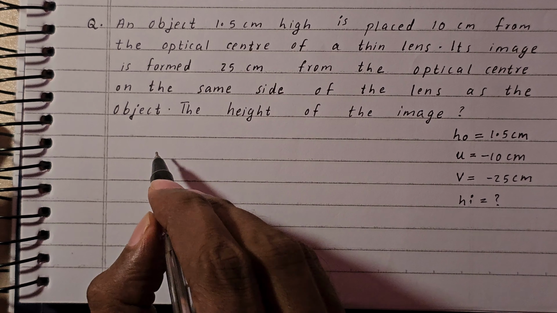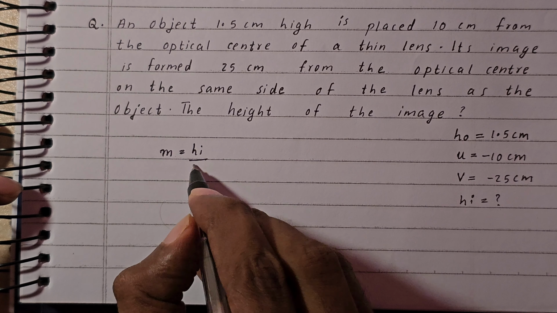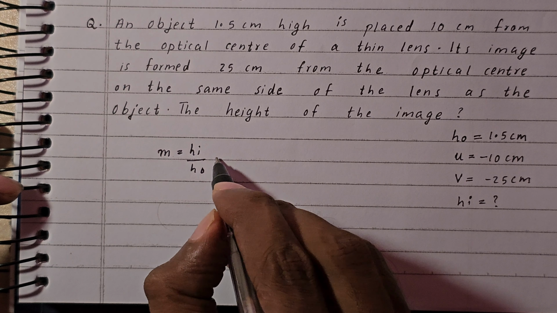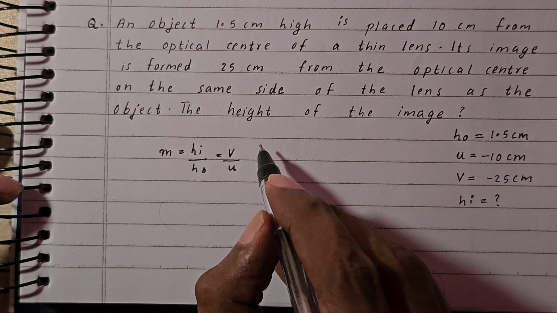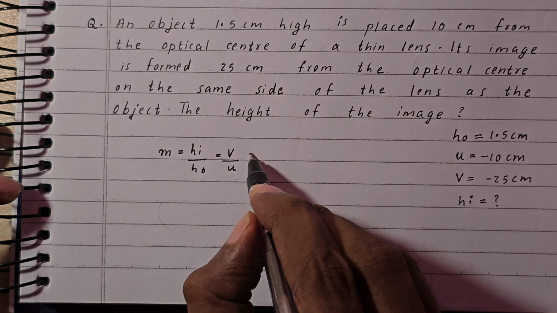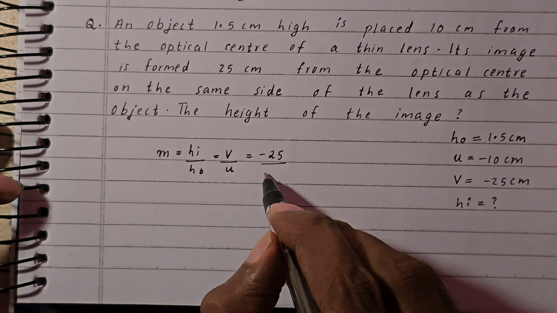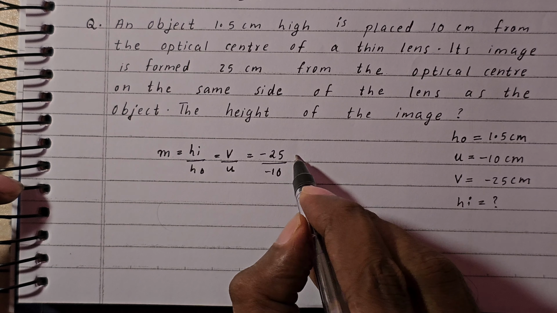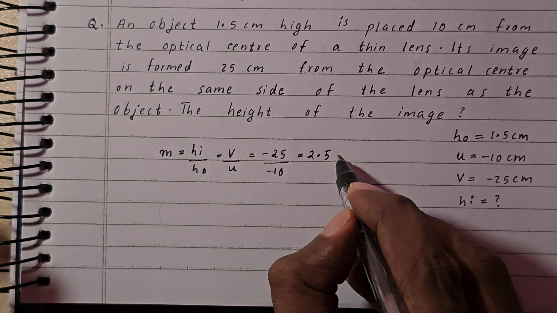So the equation is m is equal to hi upon ho is equal to v upon u. That is the equation for magnification. So by substituting the values, we get minus 25 upon minus 10, that is equal to 2.5.